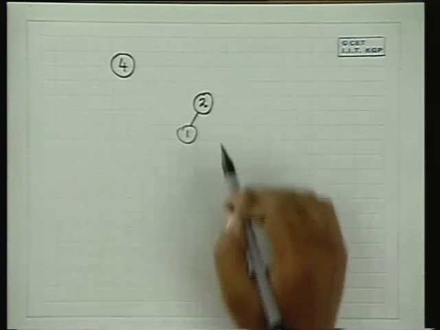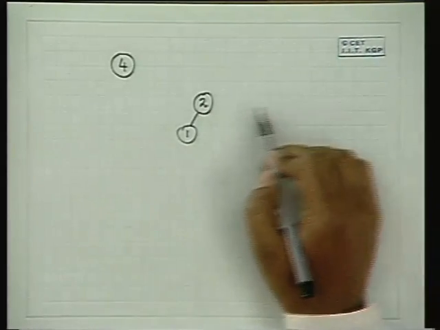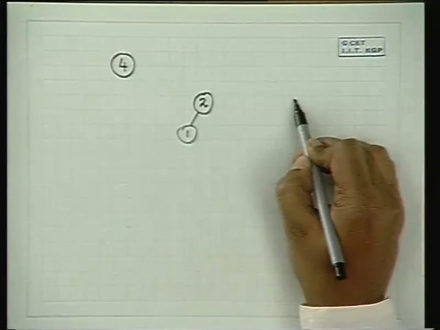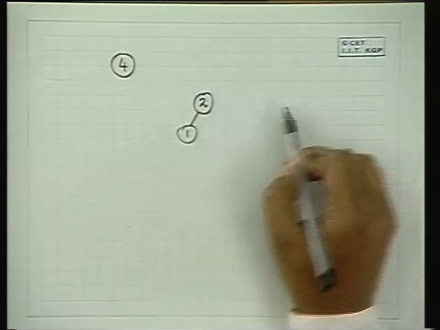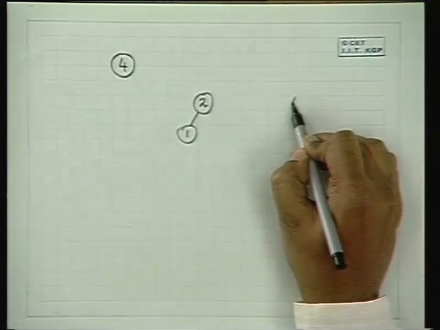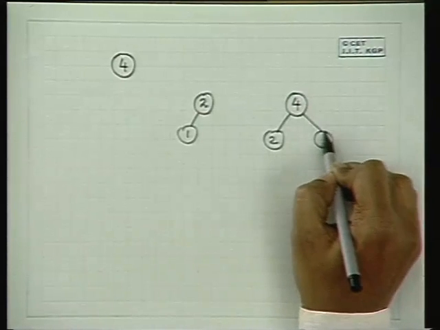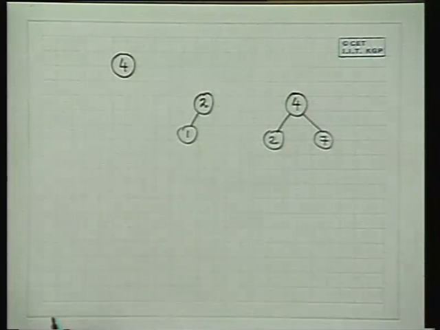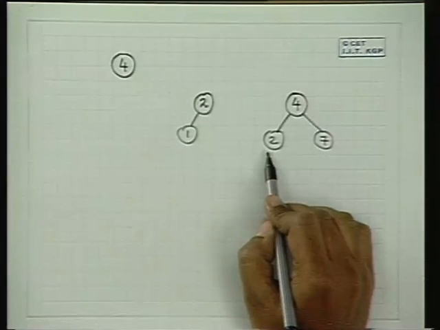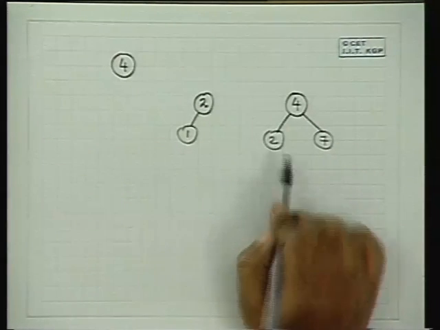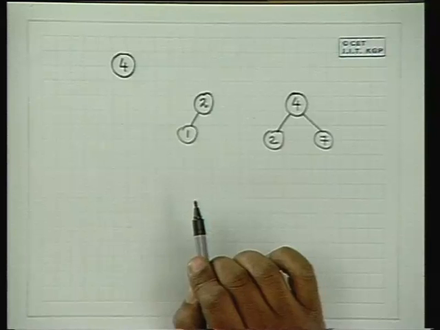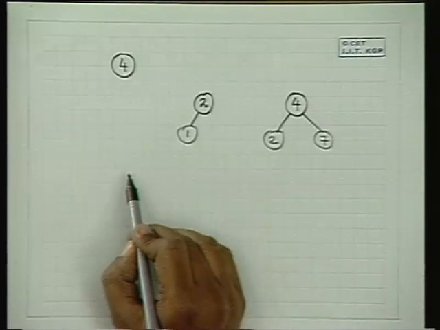Now for 3 nodes, the best case can be 1. So for 3 nodes, say 4, 2 and 7. For 4 nodes, it has to be at least 2. So for 4 nodes, it has to be 2.